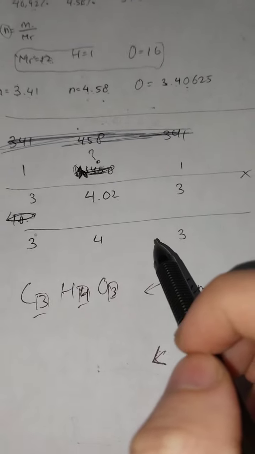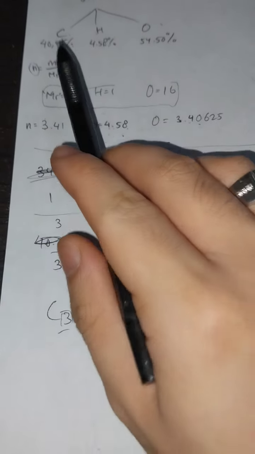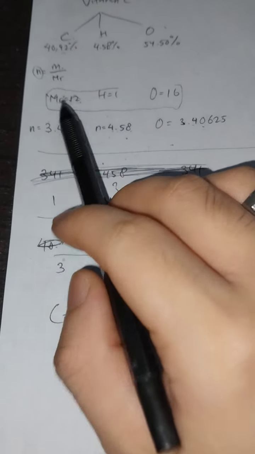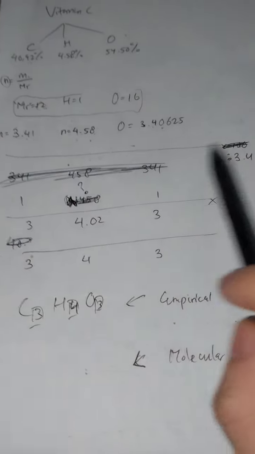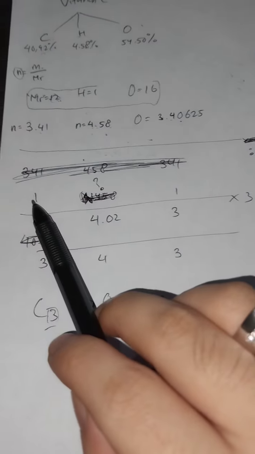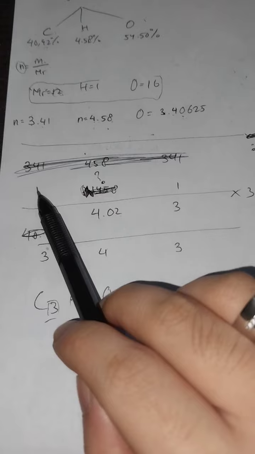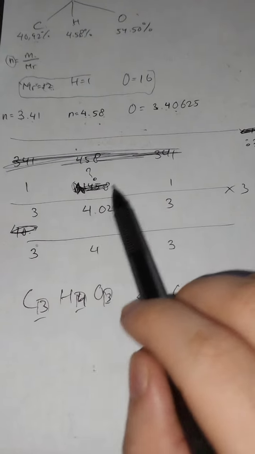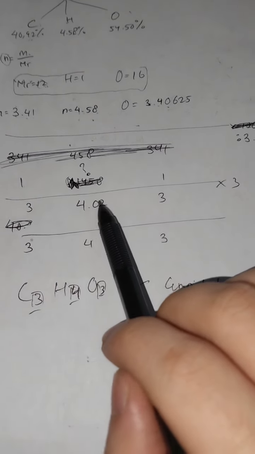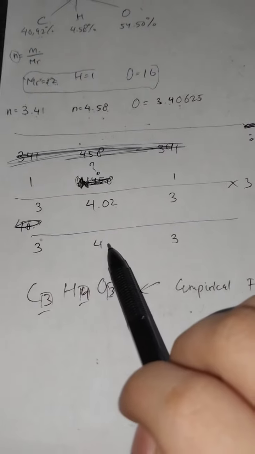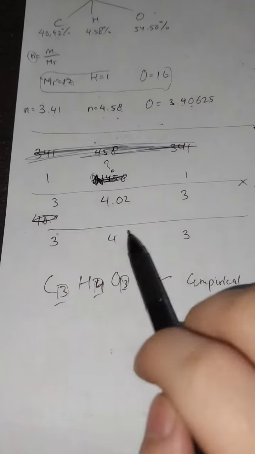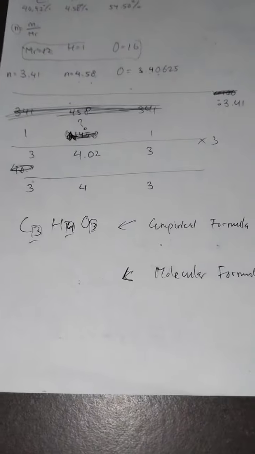All right. So again, the steps are mass divided by MR, divided by the smallest number, so I change it into the most basic one, and then try multiplying the decimal number by a number so it becomes a whole number, 343. That's it. You get the empirical formula already.